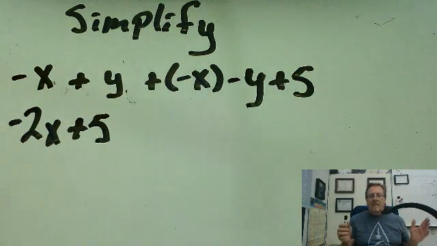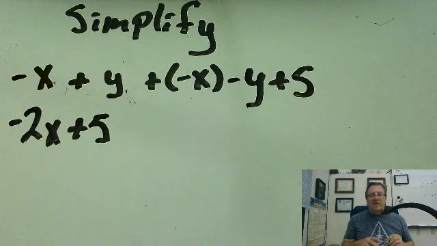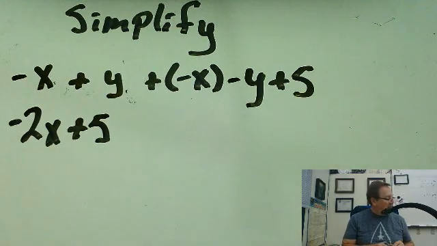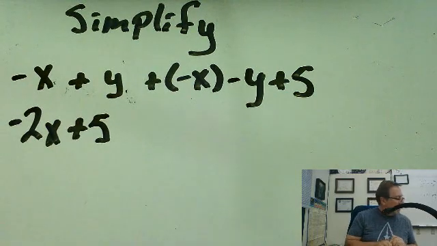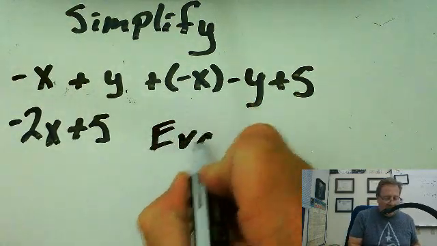Wasn't too bad. Now the instructions on your worksheet tell you that you're going to do two things. You're going to simplify, and then it just asks you to plug in some numbers, okay? It says evaluate, and let's talk about the word evaluate.